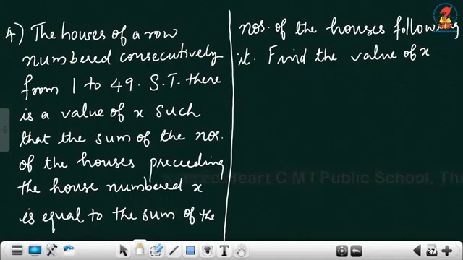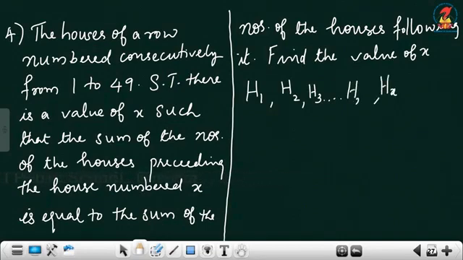What is given is 49 houses numbered like this: H1, H2, H3, etc. Hx should be there. Before that, Hx minus 1, and after it Hx plus 1.